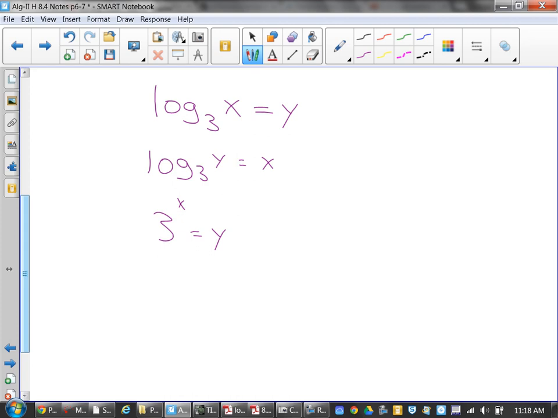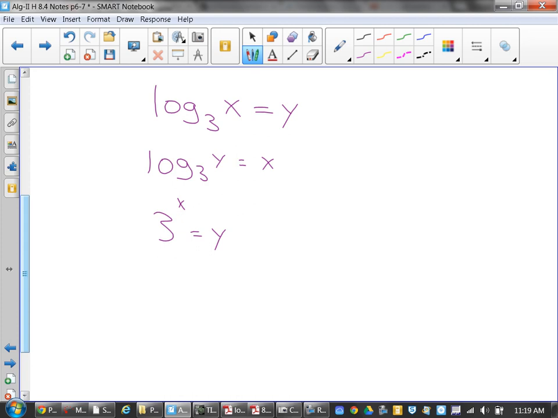Quick question. If it starts out equaling y on all of them, are we supposed to change them to begin with so that it's equaling x and then change it back? Or should we just leave it equaling y? You could leave it equaling y, because when you flip them to x and rewrite and resolve for y, to get y by itself, it's 3 to the x is y.